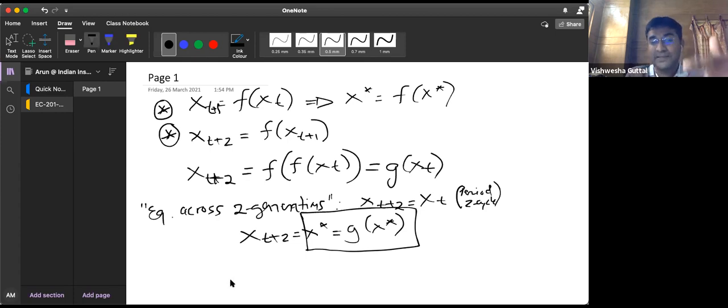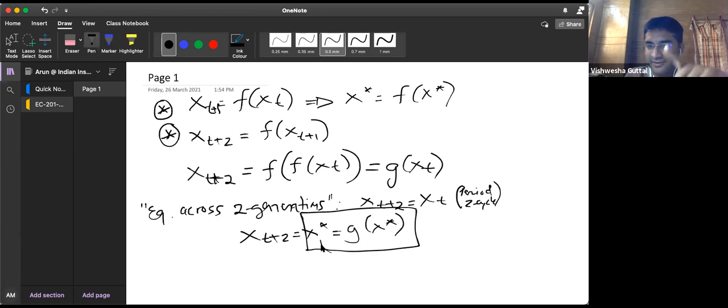Using this method, you can also find the stability of the period 2 cycle. This is a mathematical transformation, right? In this transformed model, a stable equilibrium of this equation will actually be a period 2 cycle.